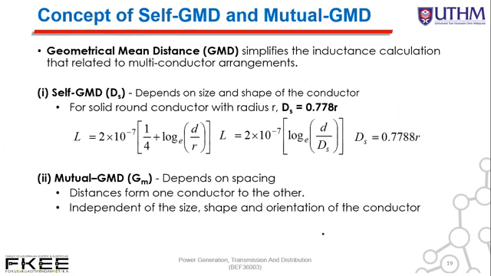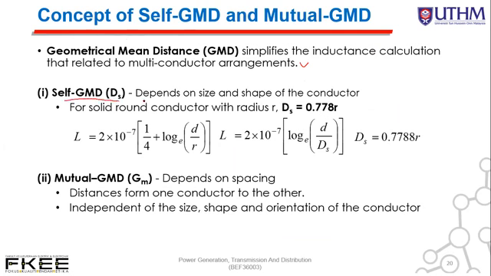Now we look at the concept of self-GMD and mutual GMD. GMD is geometrical mean distance. It simplifies the inductance calculation related to multi-conductor arrangements. There are two GMDs. First is the self-GMD, DS.